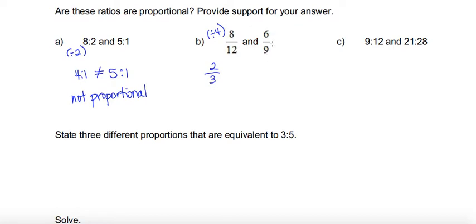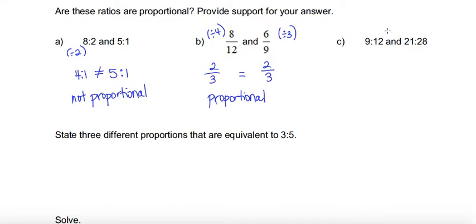Now we're going to take a look at the second fraction. So this fraction, both of these terms can be divided by 3, so both the numerator and the denominator. So 6 divided by 3 is 2, and 9 divided by 3 is 3, and those two are exactly the same, so these ratios are proportional because the ratios in lowest terms are exactly the same.